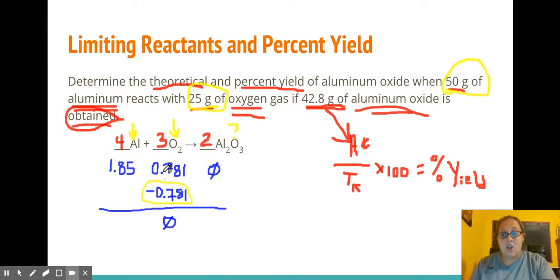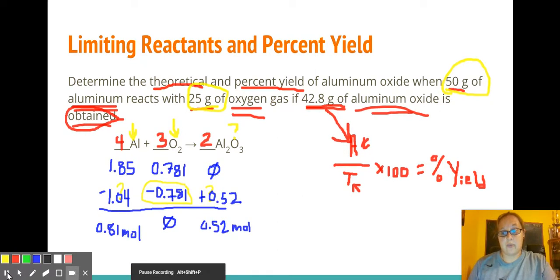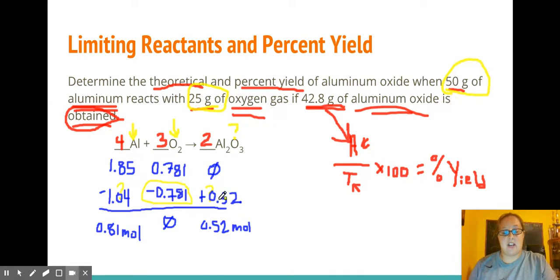So now that I know that oxygen is my limiting reactant and I'm going to use all of it, the question is, how do I find these two numbers? How I find this number and this number here is by basically doing dimensional analysis in my head. All right, so think about it.